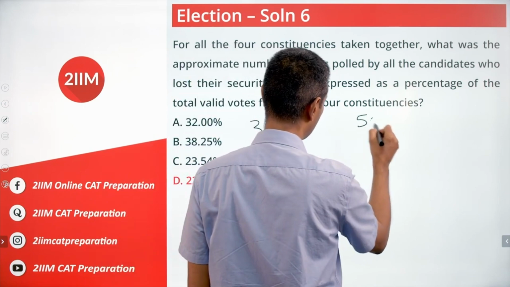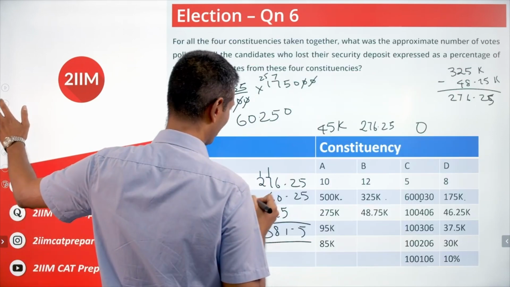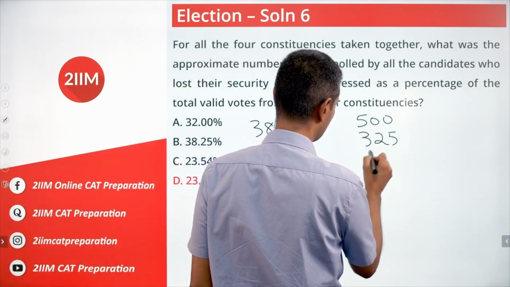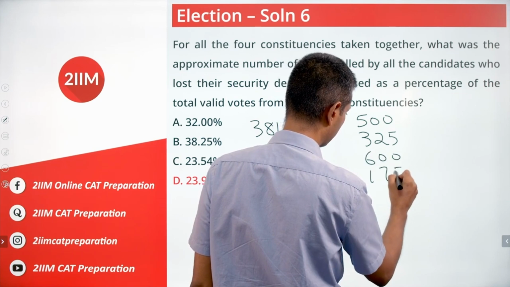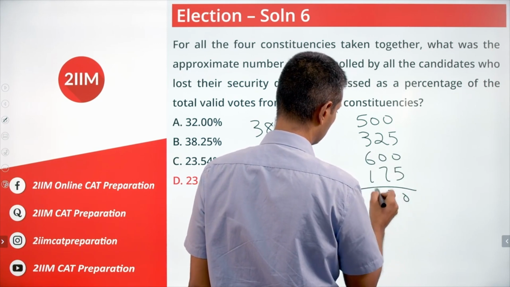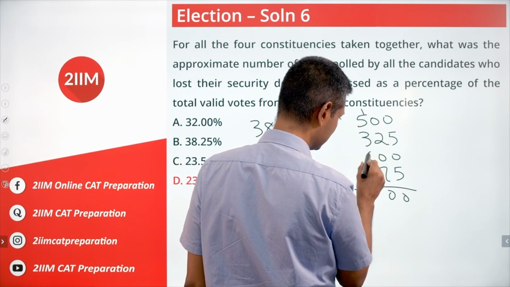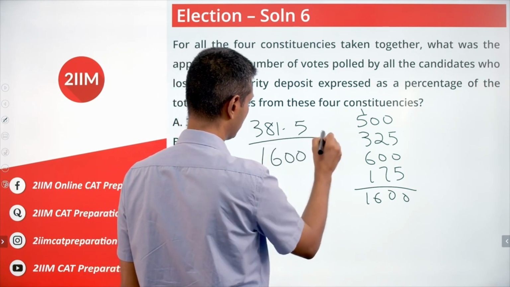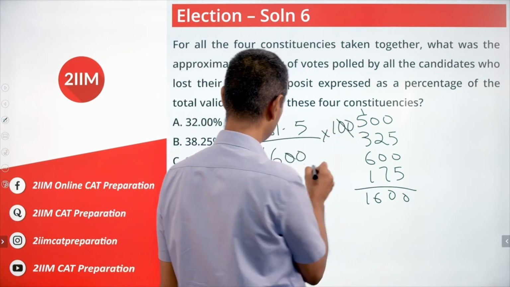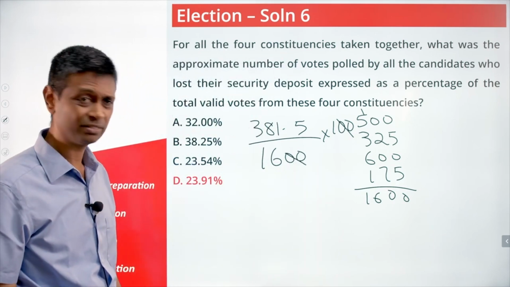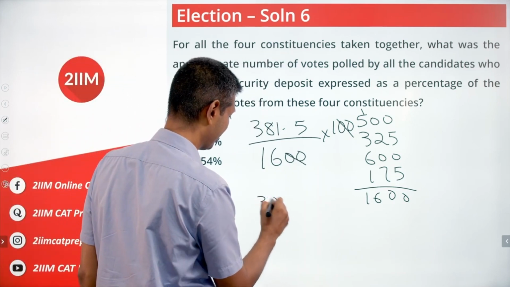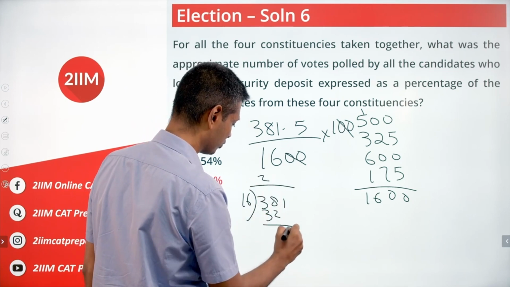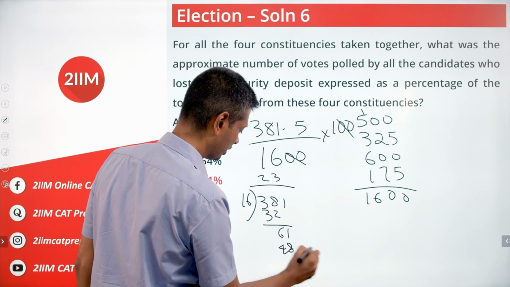Just go back and look at these numbers: 325, 600, 175. The total is 1600. 381.5 by 1600 into 100. This is the percentage we're looking for. 381.5 by 16. Let me do the whole thing. 16 goes 2 times, 32. 61 goes 3 times, 48.